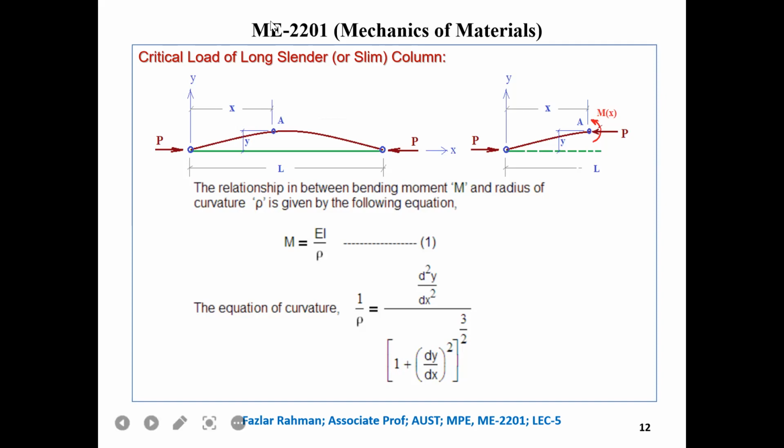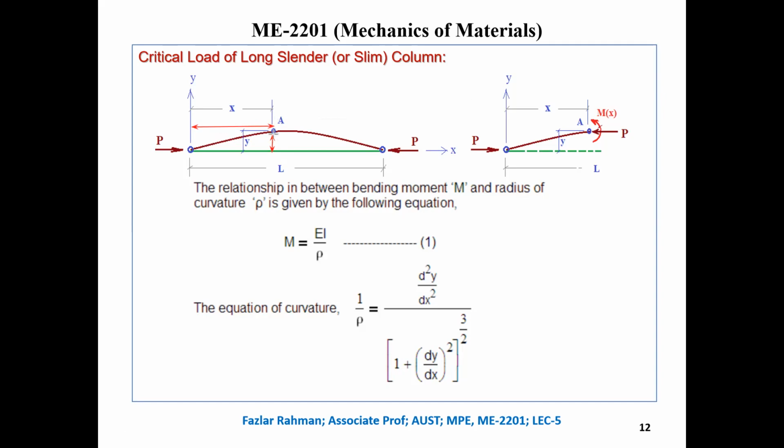This is the longitudinal axis of the column along the x direction, and along the vertical direction is y. So point A has coordinates x and y. In the vertical direction the distance of point A is y, and in the horizontal direction the distance is x.